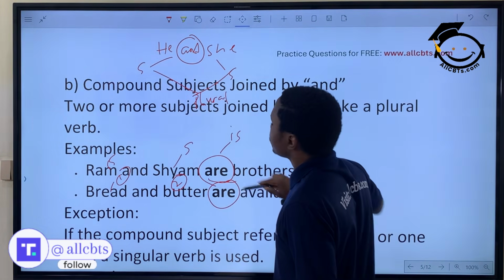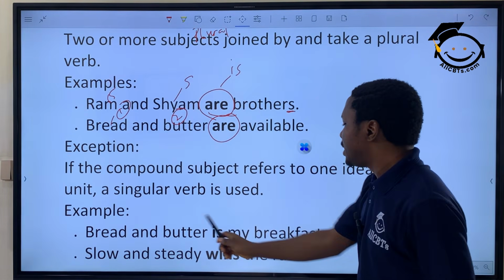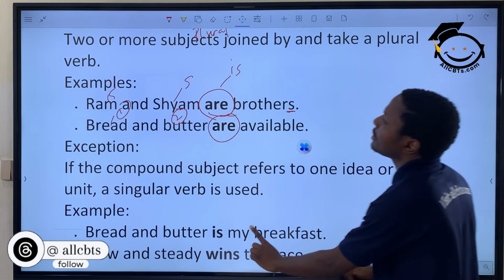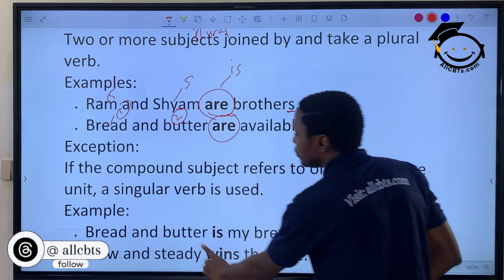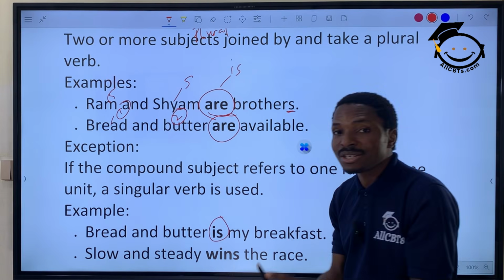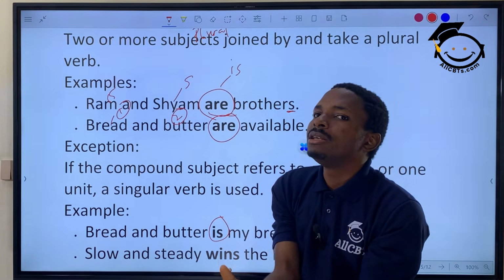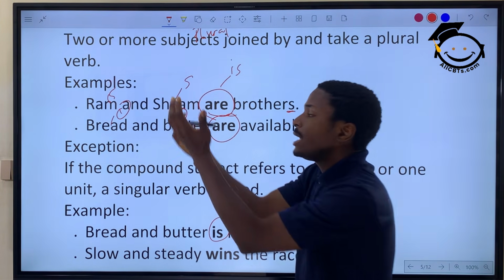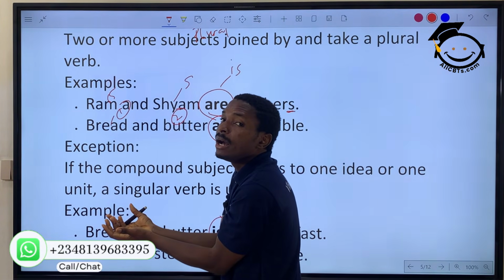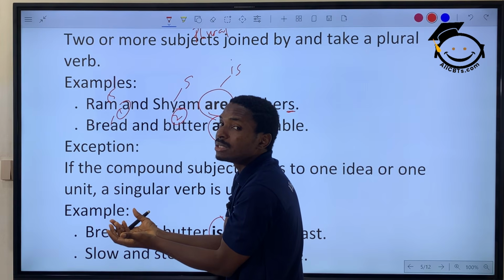For example, look at this. Bread and butter is my breakfast. Now, we're not saying a loaf of bread and a can of butter.